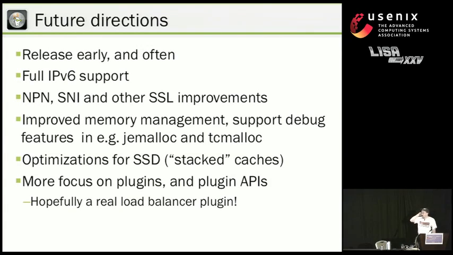This slide is, I guess, a little bit old. We did already do improved memory management. You can also use JEmalloc and TCmalloc if you want to. However, in most cases, you're not going to see any benefits of doing that. Because here's one of those things that we were clever, right? If you look at Traffic Server today, where you trace a request through the proxy server itself, there's not a single memory allocation at all.